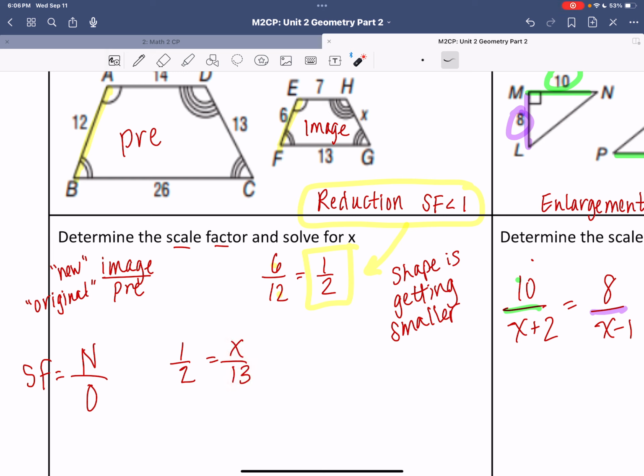All right, and you're going to cross multiply. And you'll get 2x equals 13. Divide both sides by 2. X equals 6.5 or 13 halves. So x is that. All right.